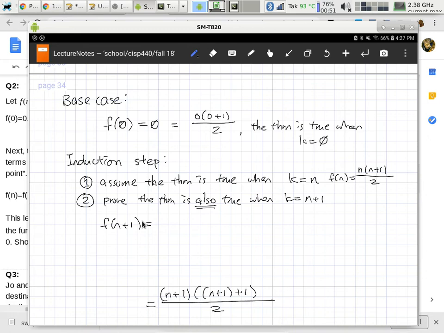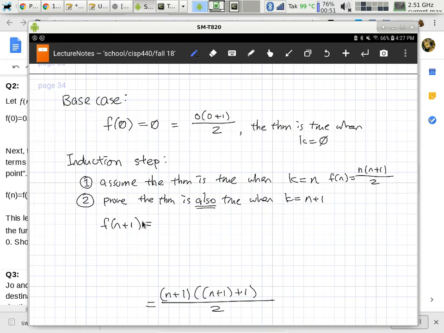With almost every single induction step, regardless of what you're proving, the induction assumption is going to be useful. What do I mean by the assumption? Step 1 of the induction step. So we have to make use of that, which means we have to somehow re-express f of n plus 1 where there's a component of f of n, because that is the only time where I can use the assumption to help me with this particular theorem.